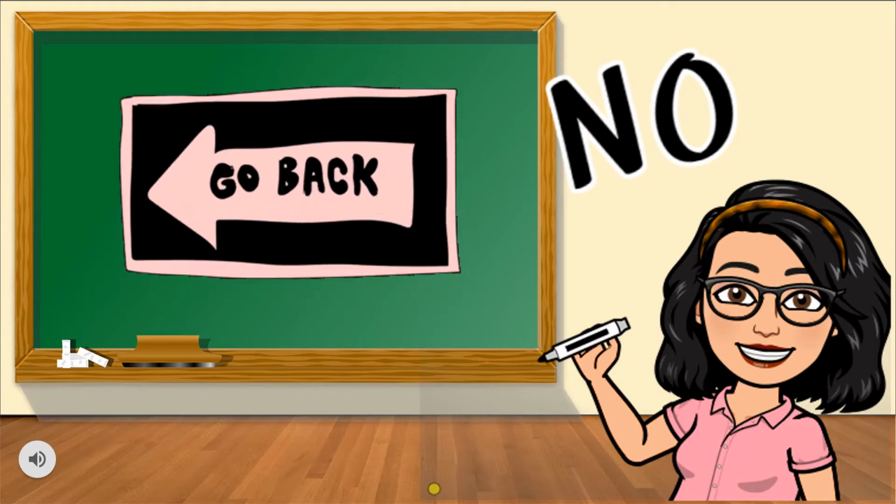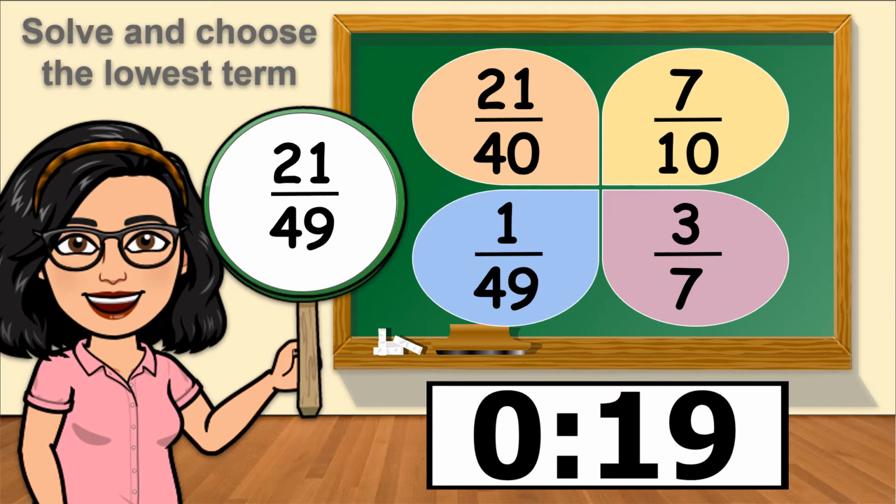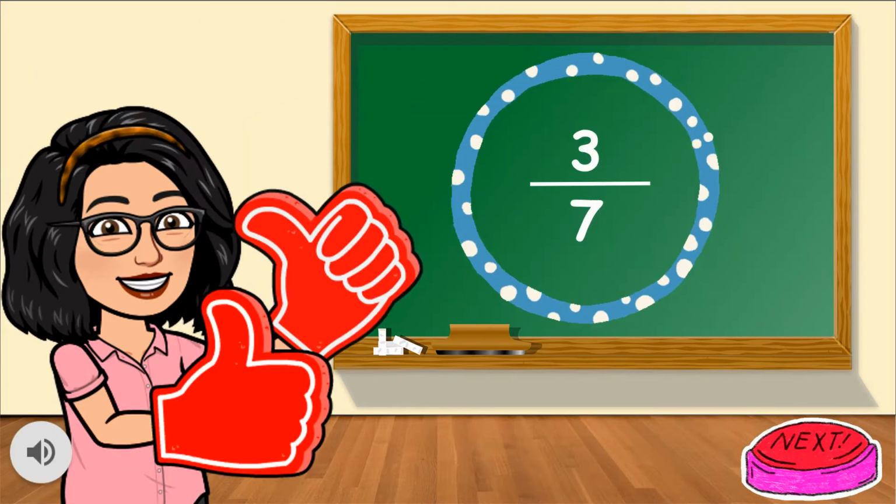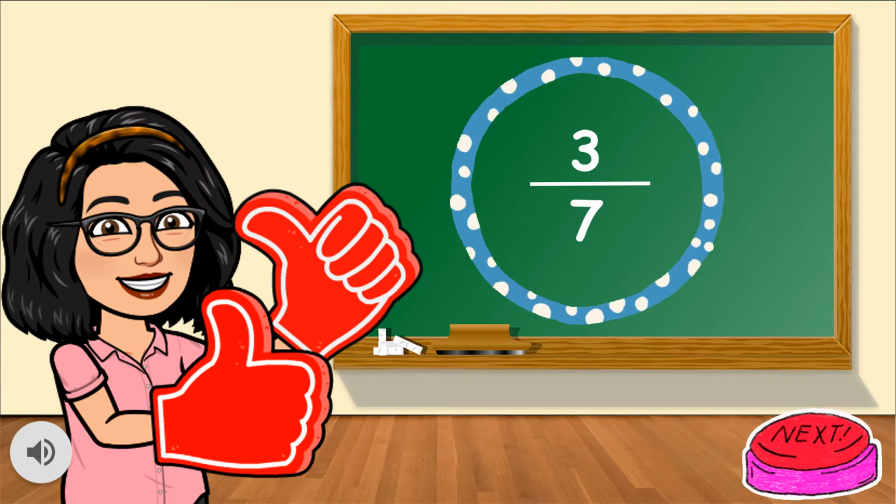Next number. 21 over 49. What is the lowest term of 21 over 49? If your answer is 3 over 7, great job!